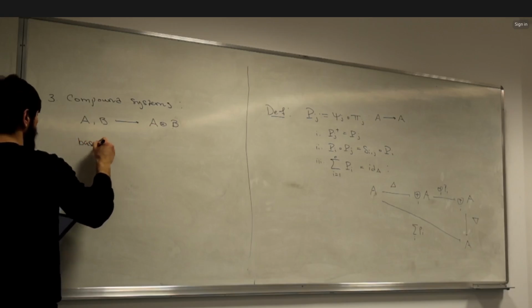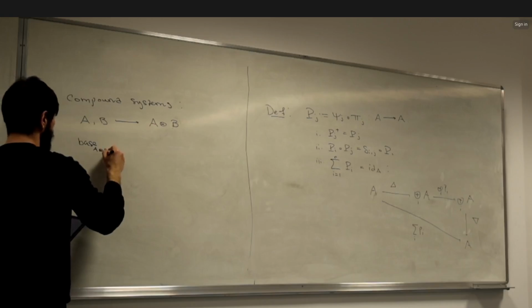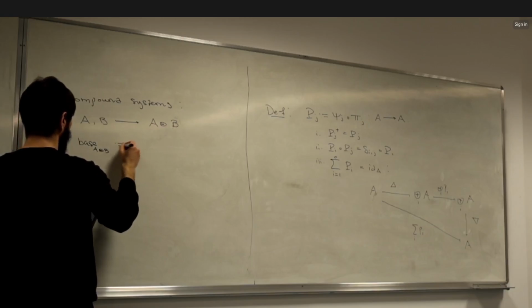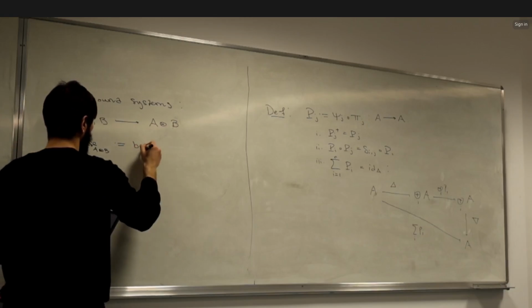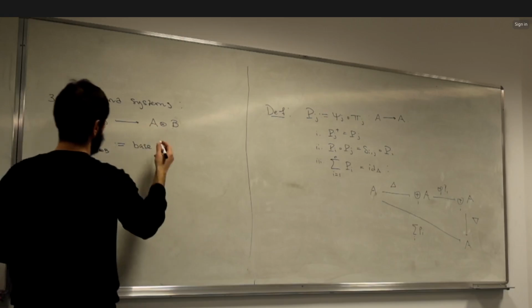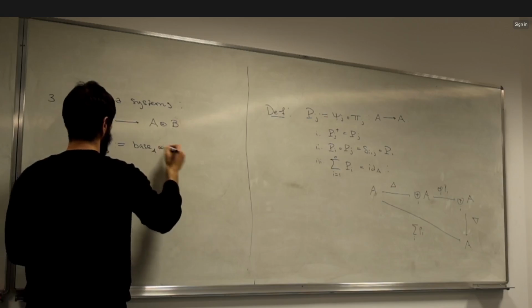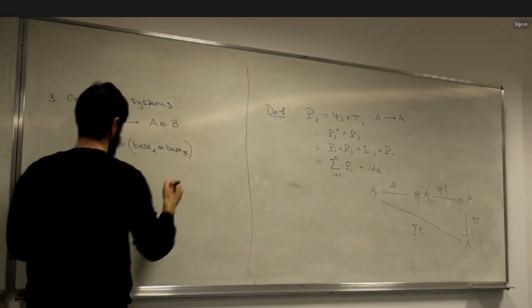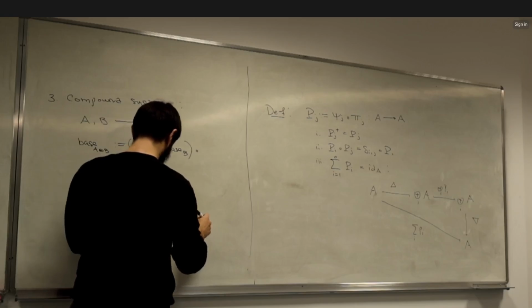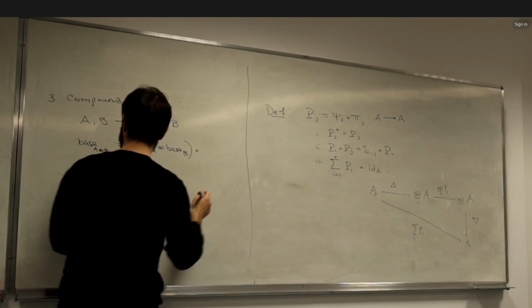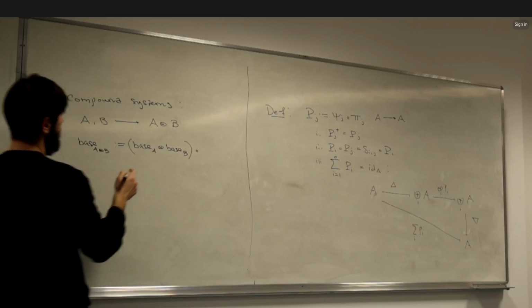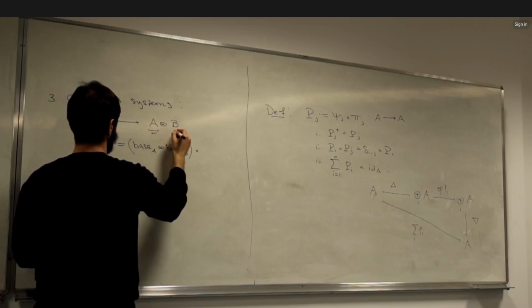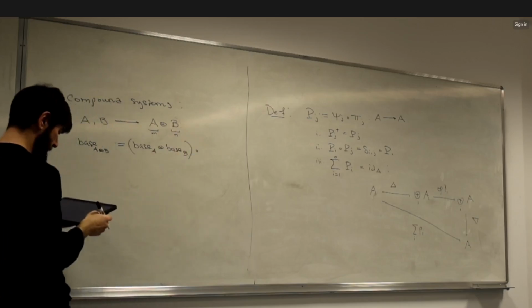I can talk about having a base for A tensor B given by base A tensor base B, and say that the dimension of this one is M, and this is N.